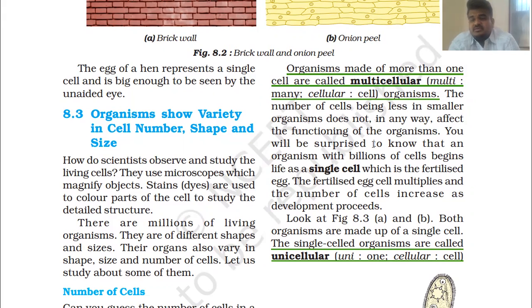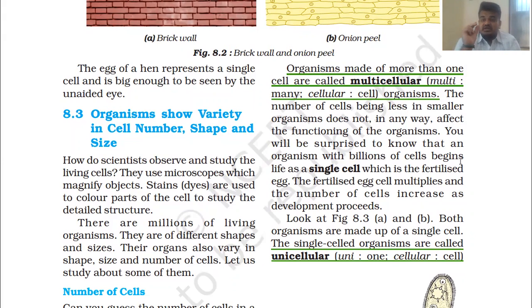You will be surprised to know that any organism with billions of cells begins life as a single cell only, which is the fertilized egg. Somehow we can say this hen. We already discussed maybe in the last session, or maybe you have studied in previous classes, in class seven.